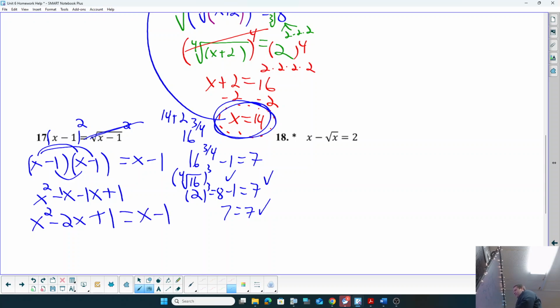And now we have to get everything on the same side and factor it. So we're going to go ahead and minus x over to this side. So now we have x squared minus 3x. And we're going to add 1 to this side. So we get a positive 1. And 1 plus 1 is 2. And now we need to factor it.